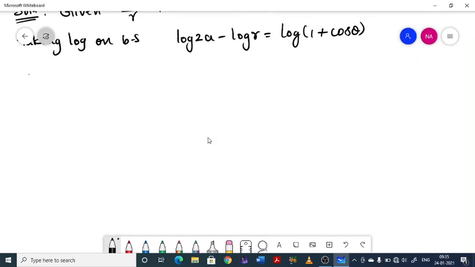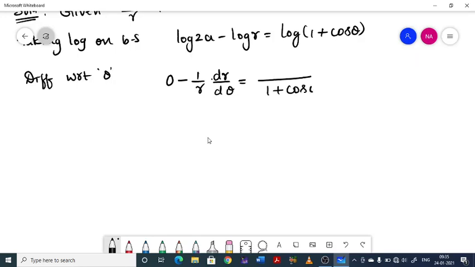Now differentiating with respect to theta, we'll be getting 0 minus 1 by r into dr by d theta equal to, denominator 1 plus cos theta, numerator will be minus sin theta. So you can cancel the negative sign on both sides.